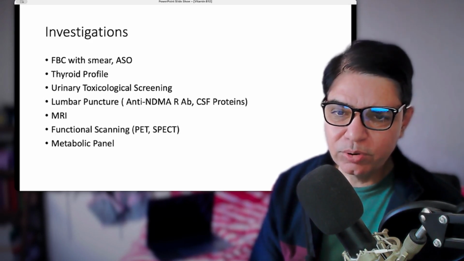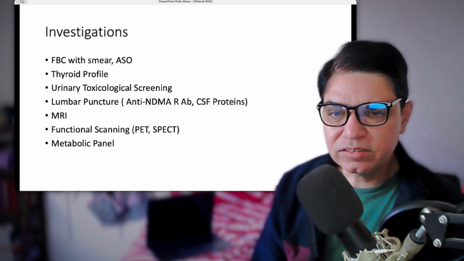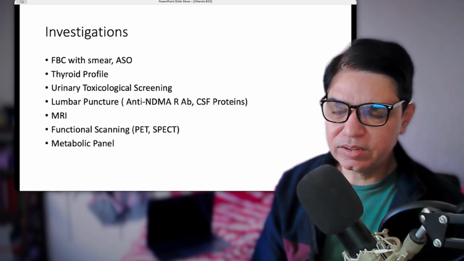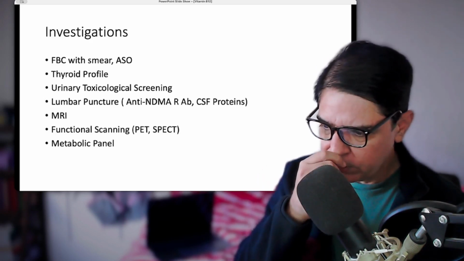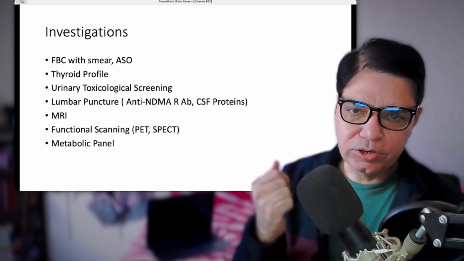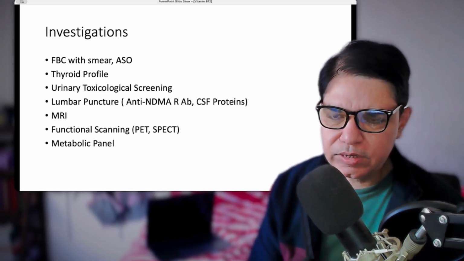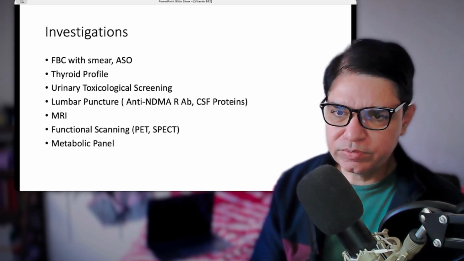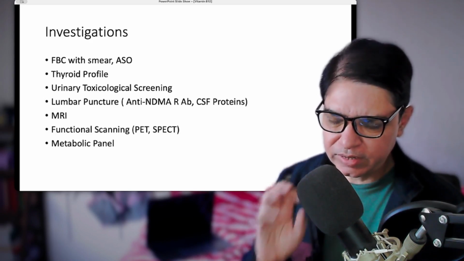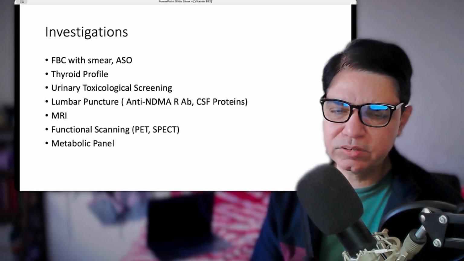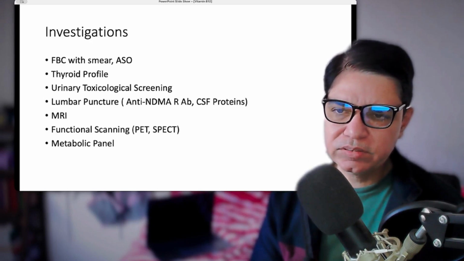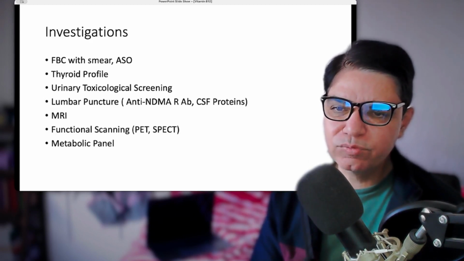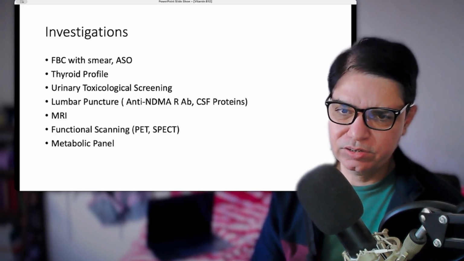Antibodies are formed against these receptors, and when they destroy these receptors, the neurons are also destroyed in the process. So if these anti-NMDA receptor antibodies are present, the lumbar puncture CSF fluid can be analyzed to pick that up.